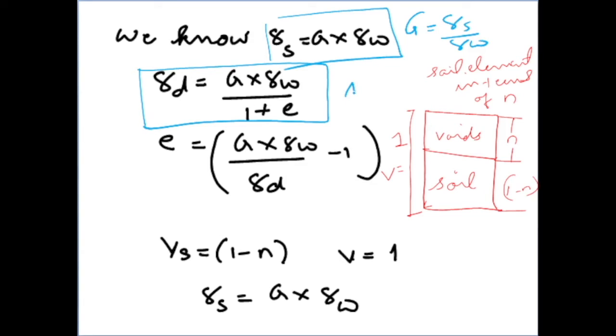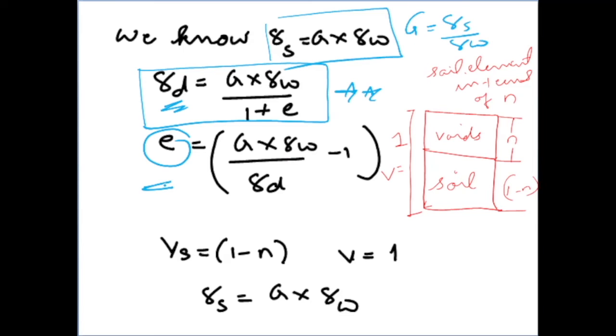This is another important equation which will give us the value of dry density gamma d. Suppose if I want to calculate voids ratio, after rearranging I get G into gamma w divided by gamma d minus 1.